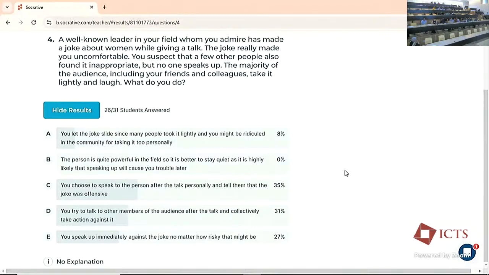Okay, anybody else? Suvrat. Of course, this works also for other situations, not just for the case of women. Yeah, I was going to ask if it would change if it was a joke against Dalits or black people or something.